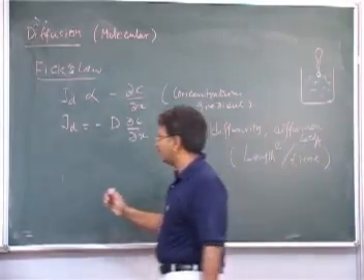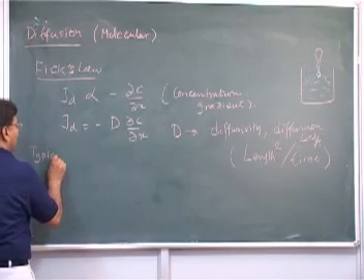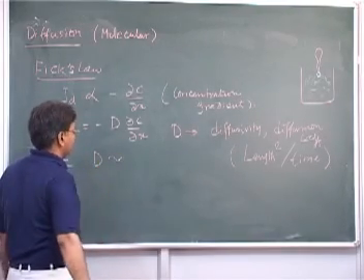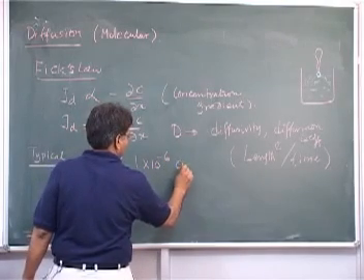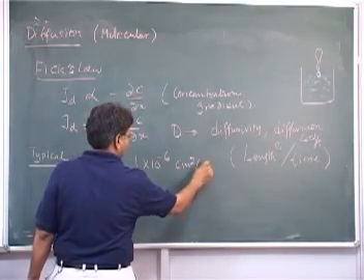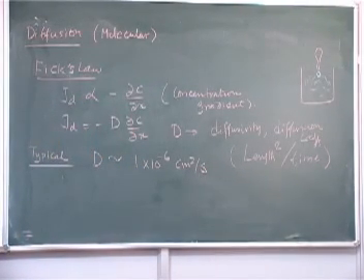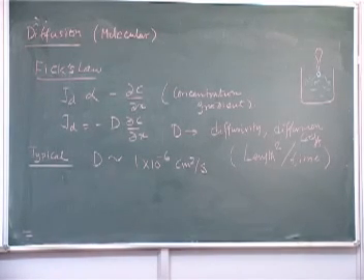A typical value of D in the air, for particles and things like that, is of the order of, let me check the number. Okay, that looks good.